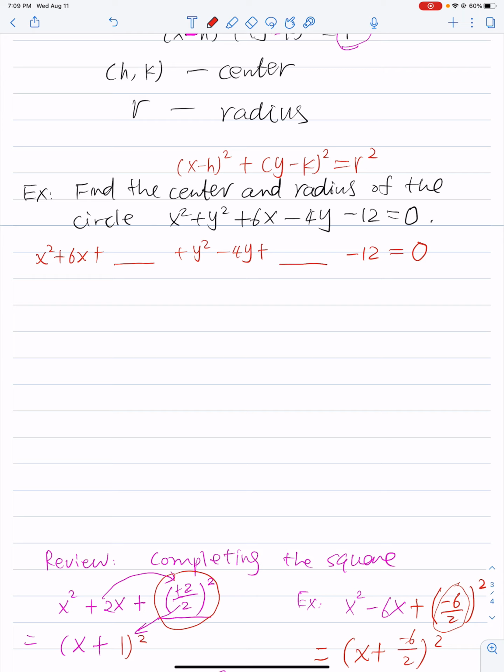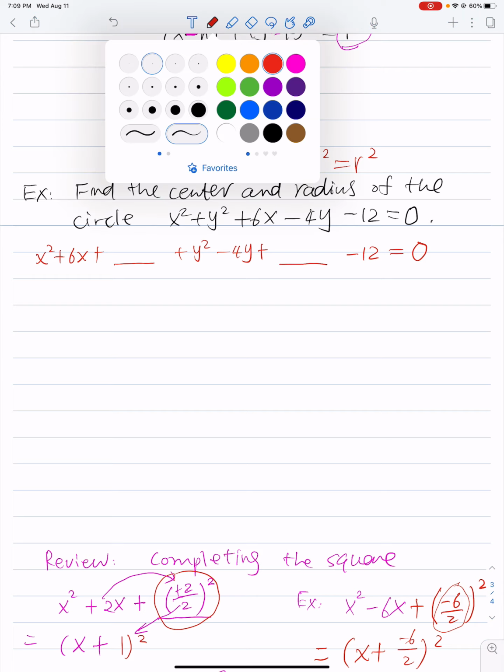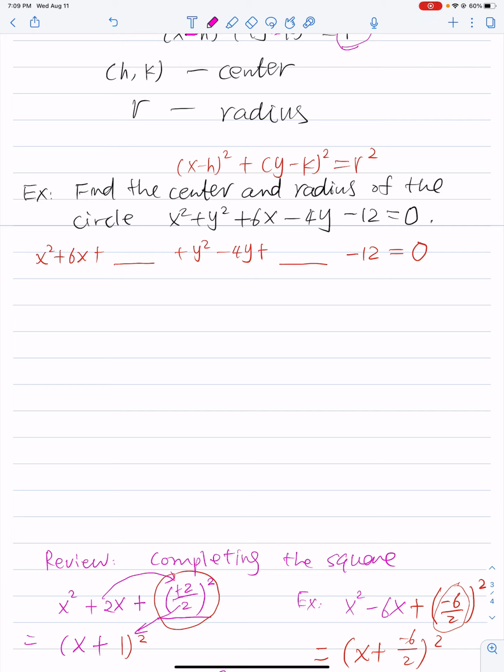Okay. So what do we need to add here? For the 6, we add 6 divided by 2 squared, and for negative 4, negative 4 divided by 2 squared. But one thing you need to be careful about: this is an equation, so when you add something on the left, do not forget to add the same thing on the right.